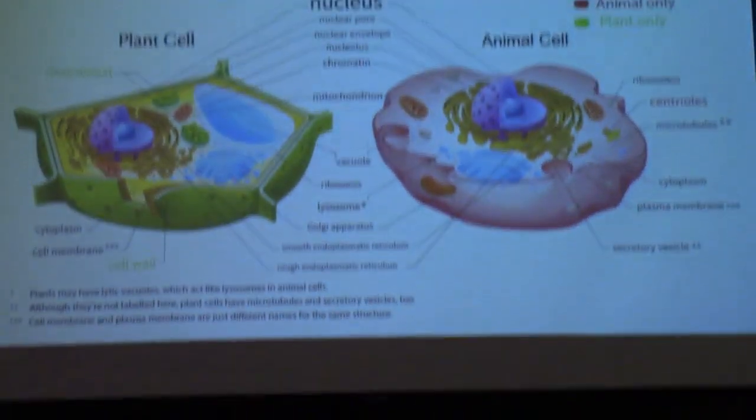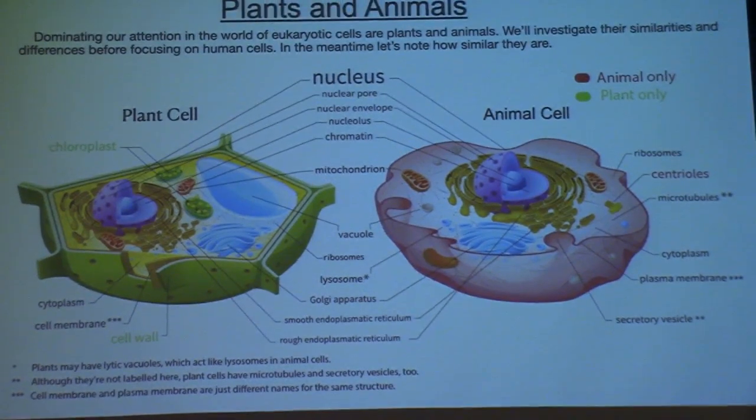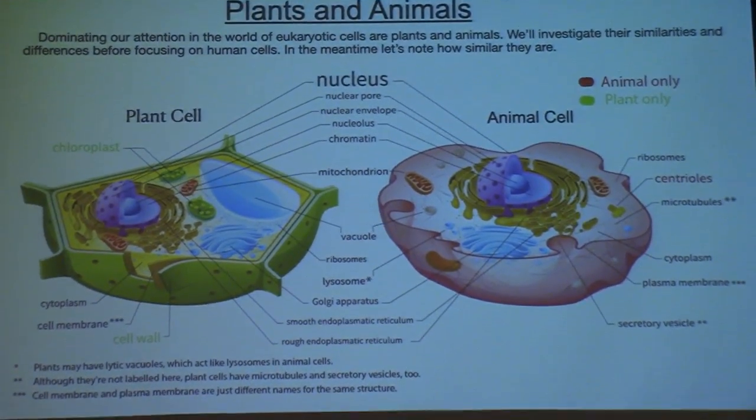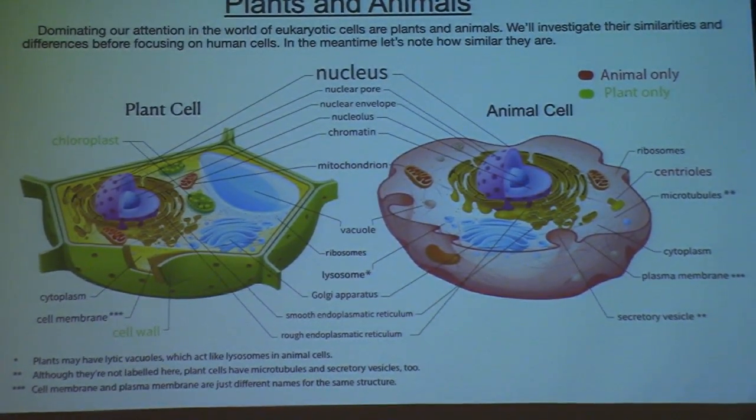Also absolutely crucial in the plant cell is that thing called the chloroplast, which it turns out all life will end up depending on. In the animal cell, the biggest difference is that thing in red on that side called a centriole.